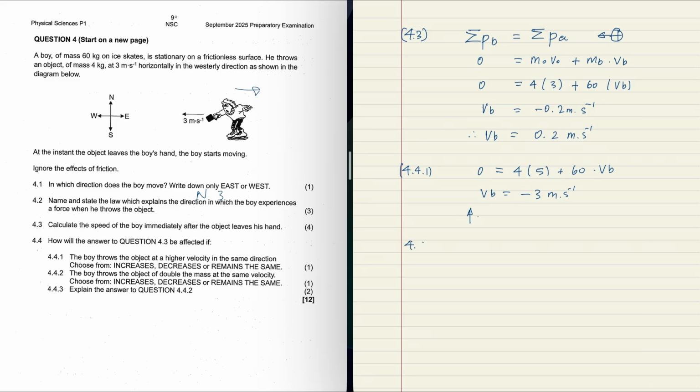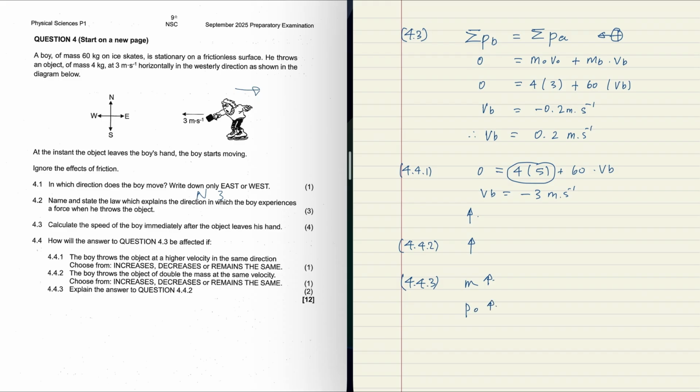Question 4.4.2, if they double the mass, what's going to happen? Well, similarly, it's going to increase the momentum of the object, and so it's going to affect the velocity of the boy. So it's going to increase as well. Now, question 4.4.3 asks us to explain this. So if you increase the mass, that's going to increase the momentum of the object.